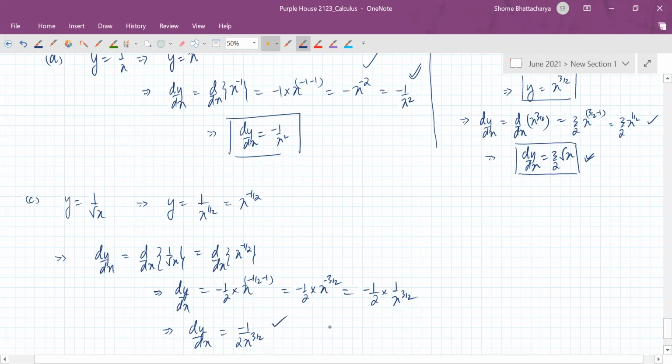So this is also correct, but we can also write this as 1 upon x to the power 3/2.